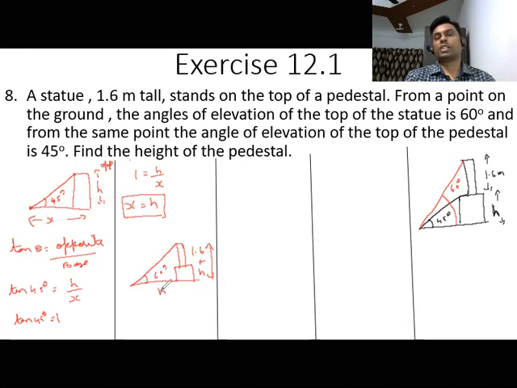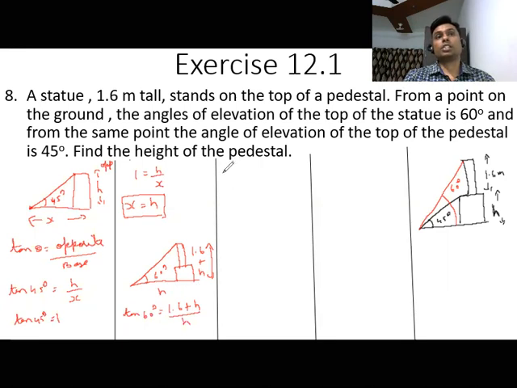Again, opposite and base, tan 60 degrees is equal to 1.6 plus h divided by h, because the height is 1.6 for the statue, h for the pedestal. We just found x is h, same value.